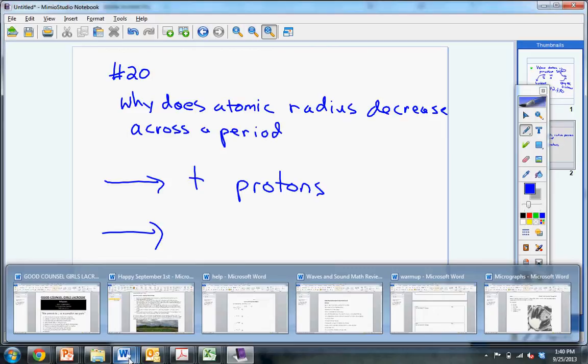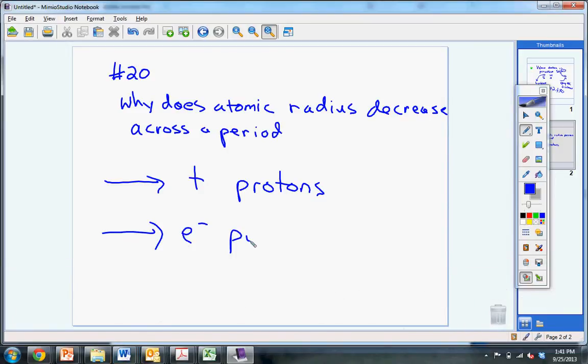What else? Aren't the electrons pulled closer to the nucleus? Okay, electrons are pulled closer to the nucleus because of more protons.